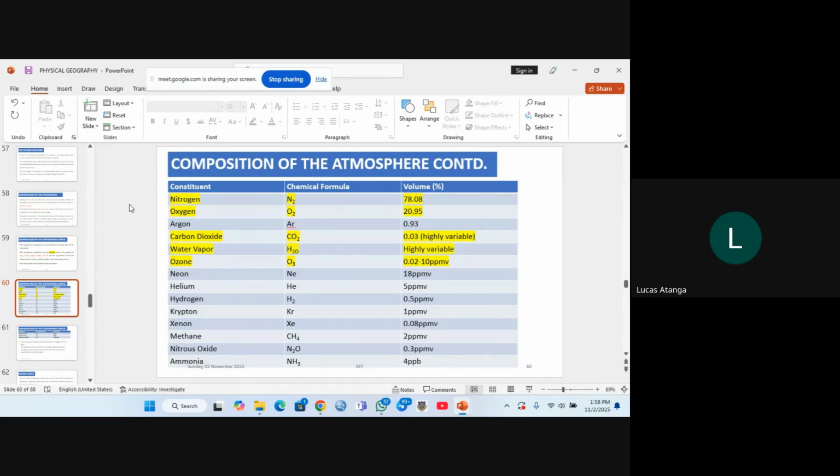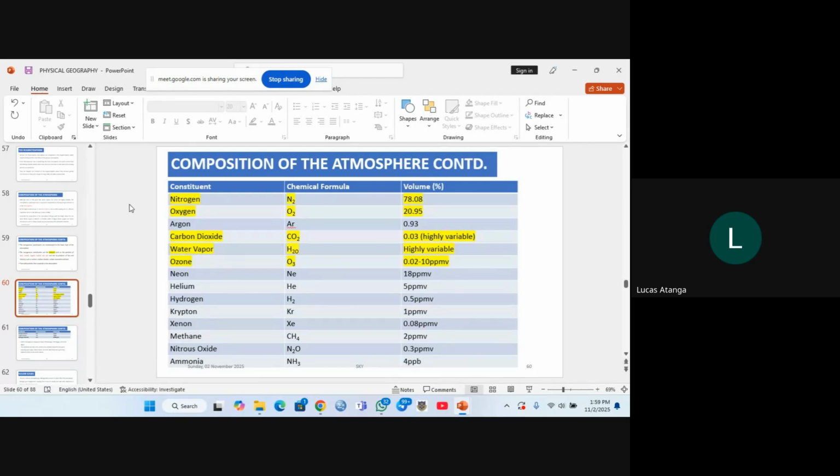Okay, so another crucial role that carbon dioxide plays in the atmosphere is the absorption of infrared radiation that makes the air warm, that supports life.